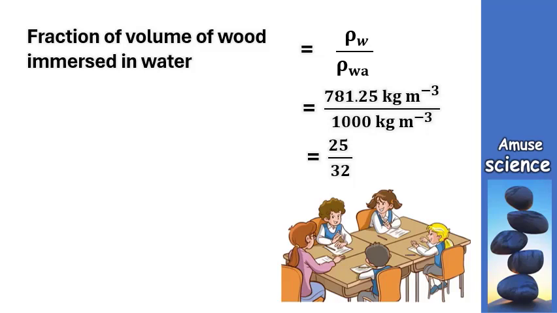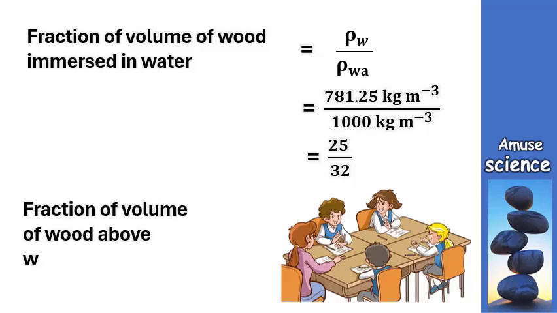And when we do that, we are going to get 7/32 as our answer. So 7/32 is the fraction of the volume of the wood above the water's surface.